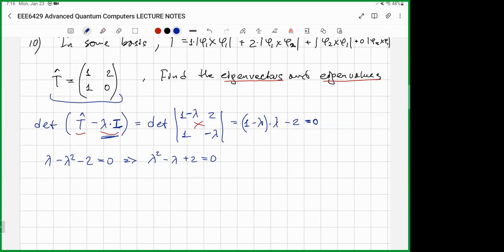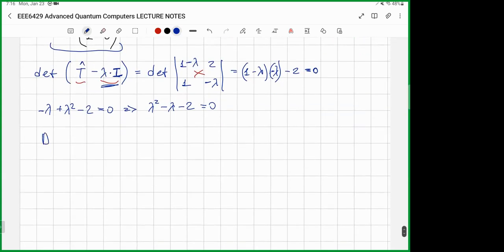Oh, yeah, sorry. Yes, exactly. I'm just looking at what I missed here. So it's minus alpha here. Yeah, thank you. So here we have minus alpha, then plus alpha here. Okay, so now it makes sense. Alpha squared minus alpha minus 2 equals 0.